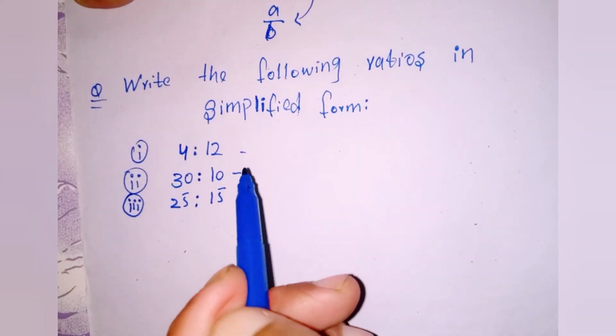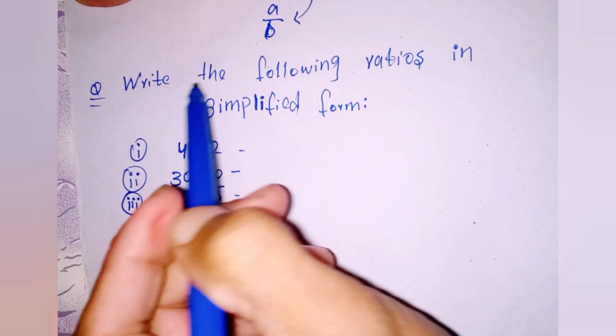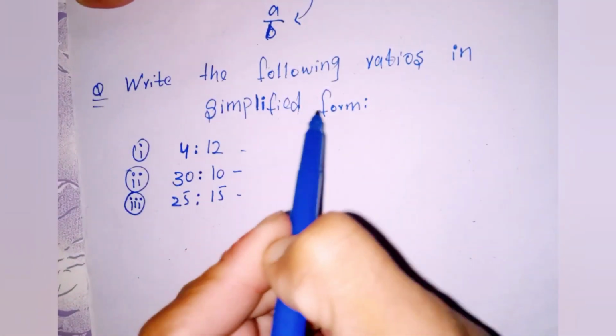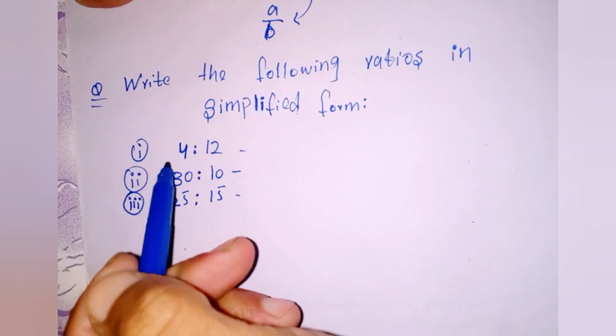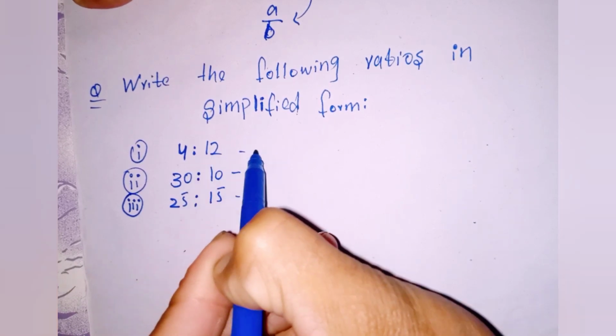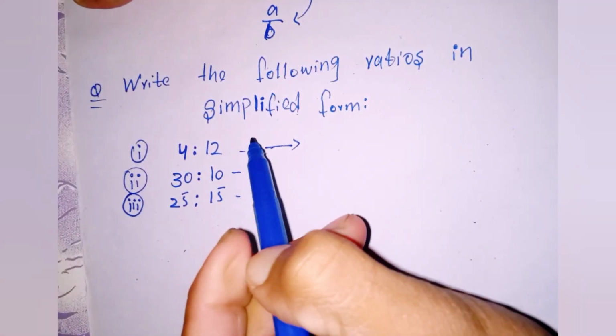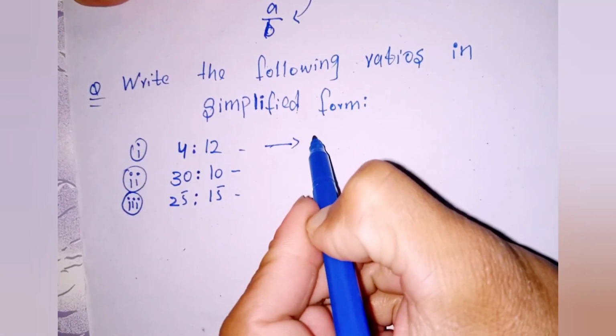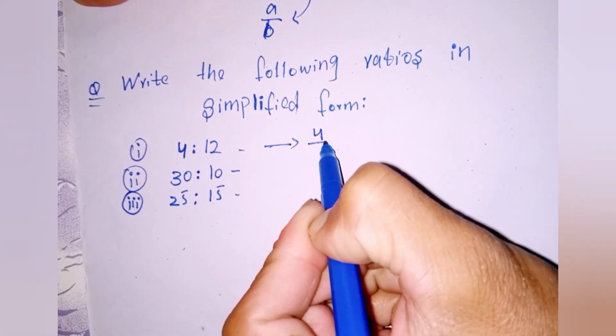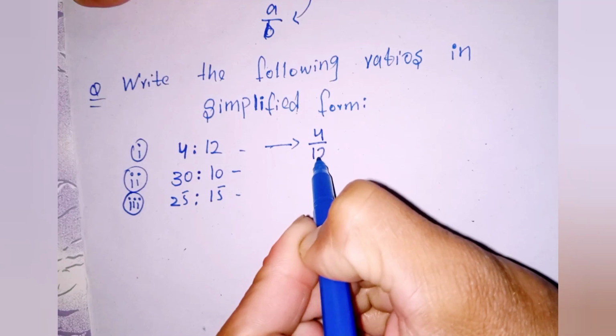Now we have a question: write the following ratios in simplified form. Here we are given 4 ratio 12. If you want to write the simplified form, first we write 4 over 12 in a fraction form.